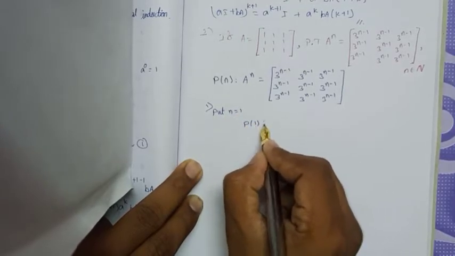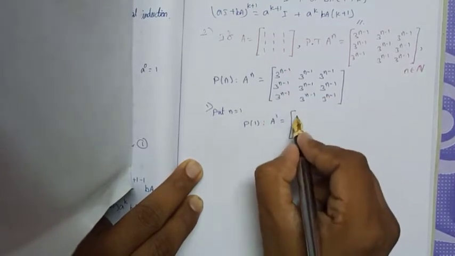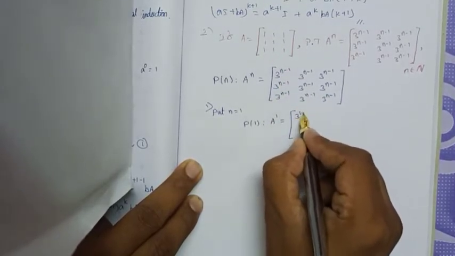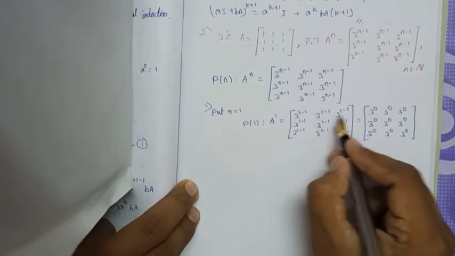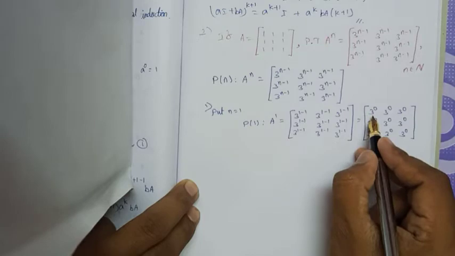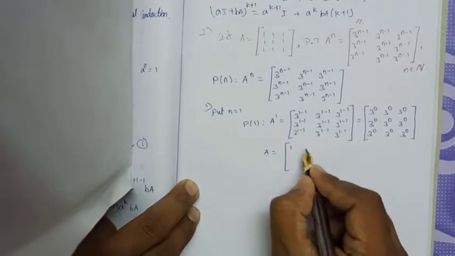P(1) such that A^1 which is equal to, we replace n by 1, so 3^(1-1). We get all powers are 0, so anything power 0 we know the result is 1. Okay, so 1 1 1.